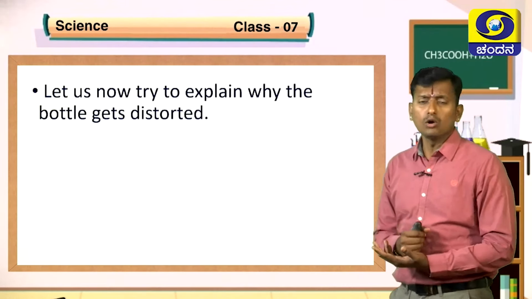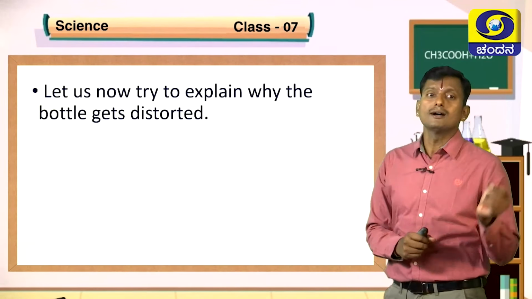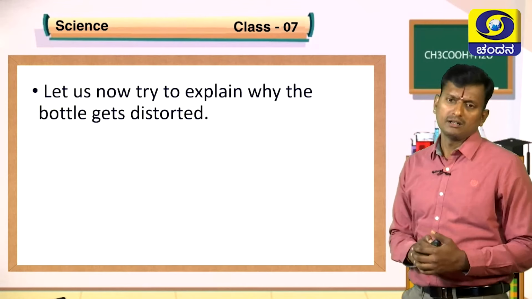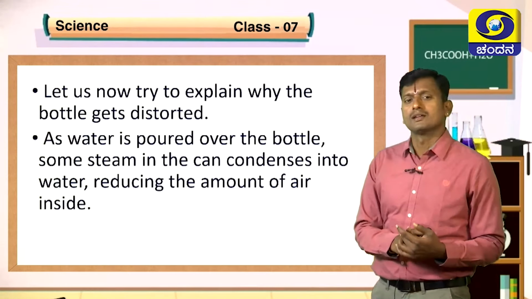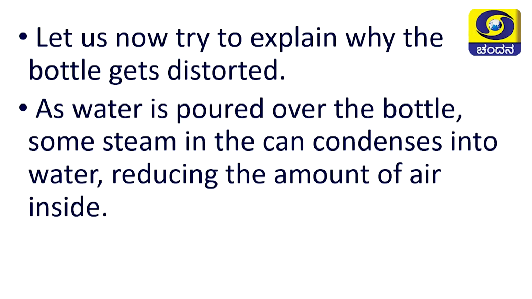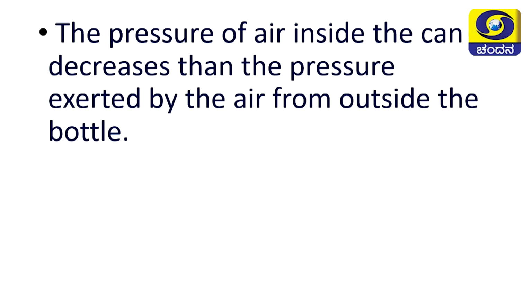Let us now try to explain why the bottle gets distorted. As water is poured over the bottle, some steam in the can condenses into water, reducing the amount of air inside. Isn't it? The pressure of air inside the can decreases compared to the pressure exerted by the air from outside the bottle.